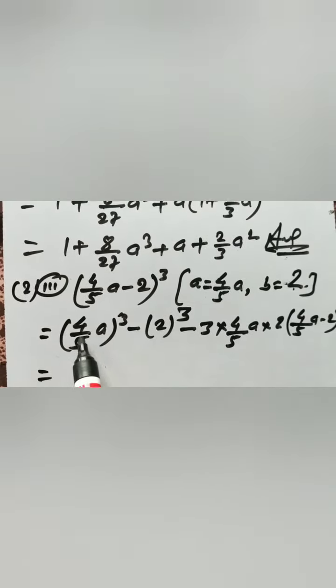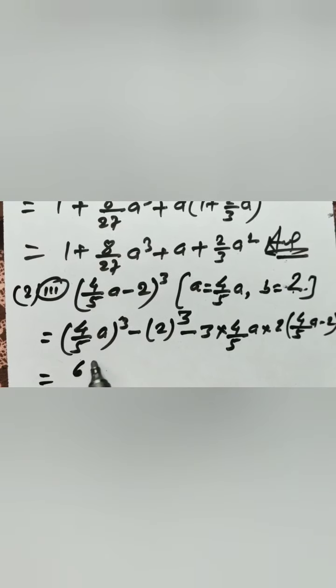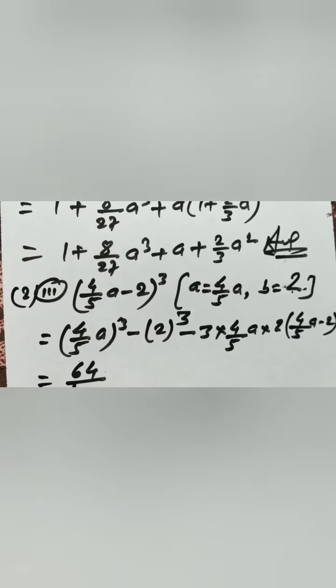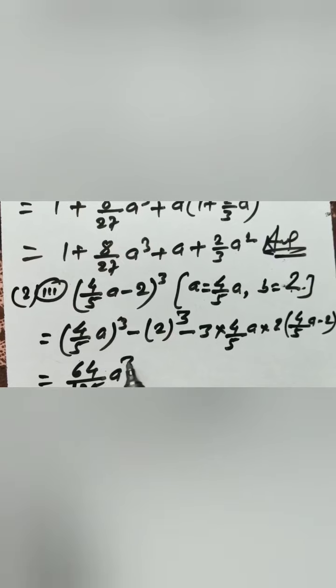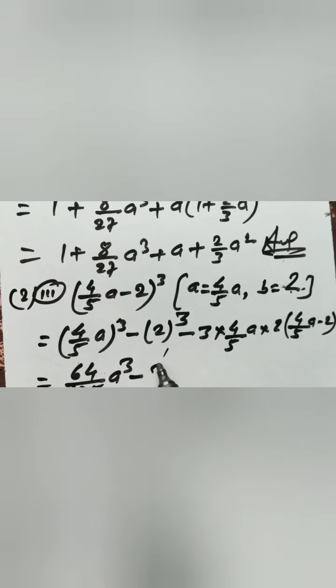Then the cube of 4 is 64 and cube of 5 is 125 a cube, minus cube of 2 is 8, and minus 3 fours are 12, 12 twos are 24 upon 5a multiplied by (4 upon 5a minus 2).